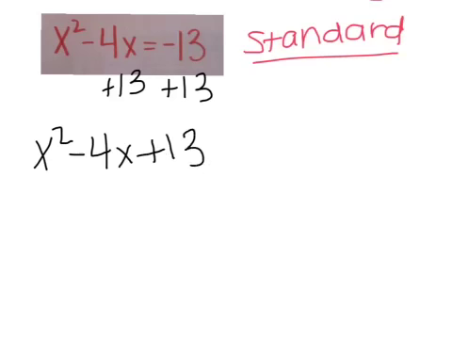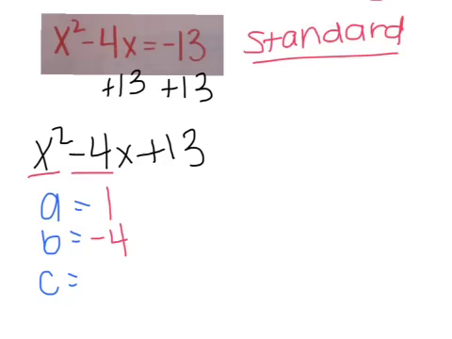So now we've got it into standard form. Now that it's in standard form, we can determine what a is and what b is and what c is. So by looking at the equation, a would be 1, b would be -4, and c would be 13.